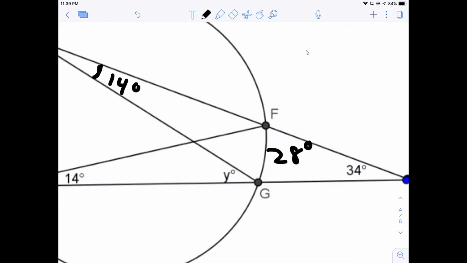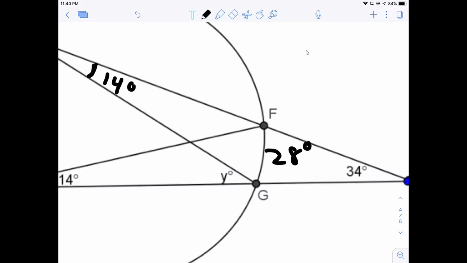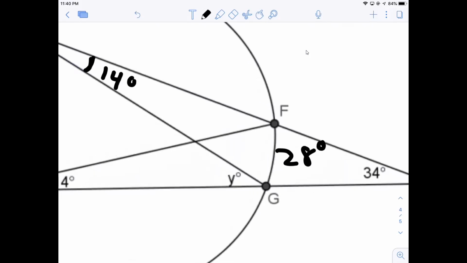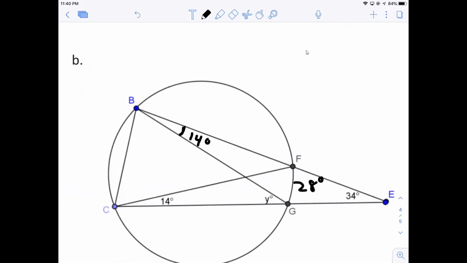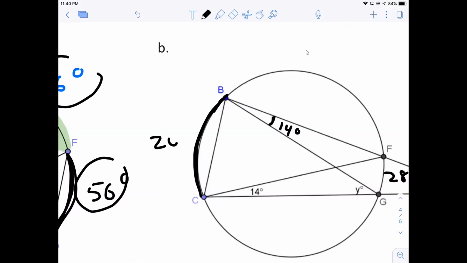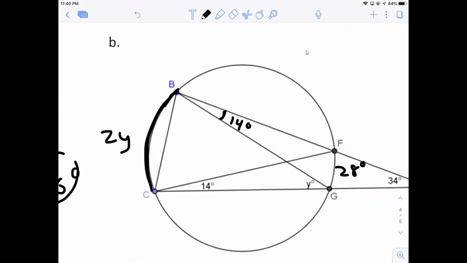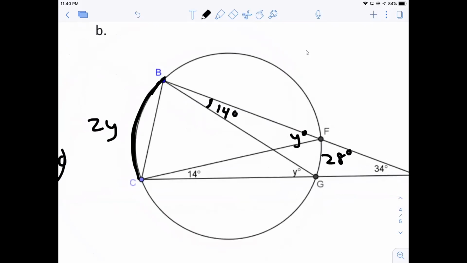What else can we do? Let's see. I'm actually stuck for a second here. I'm just going to write stuff out that I can. I know this is 2y, which would also make BFC y degrees. Anything I can do with that?